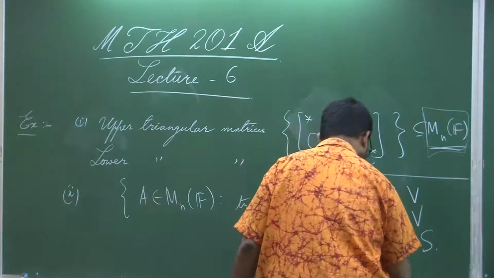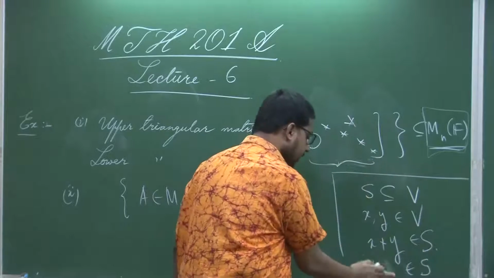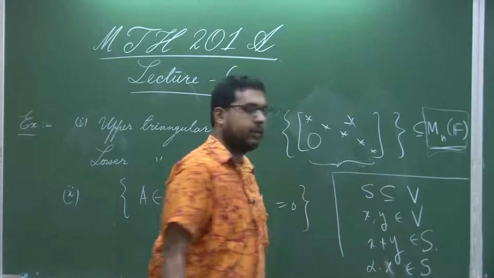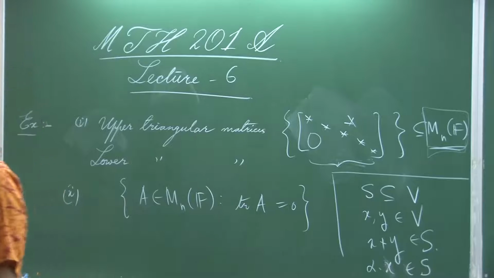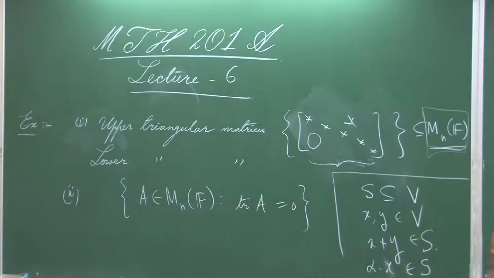And similarly, if given S and given a scalar alpha, alpha times x lies inside S, then we will call S closed under scalar multiplication.